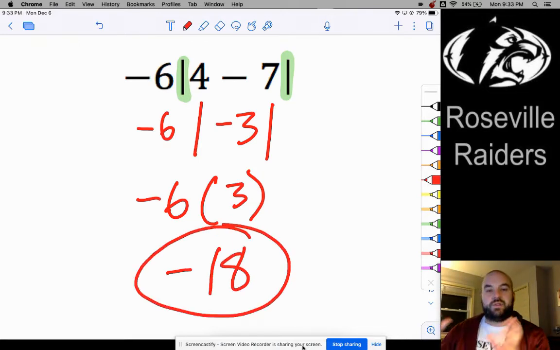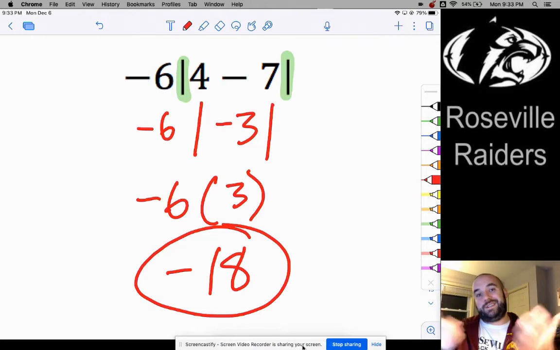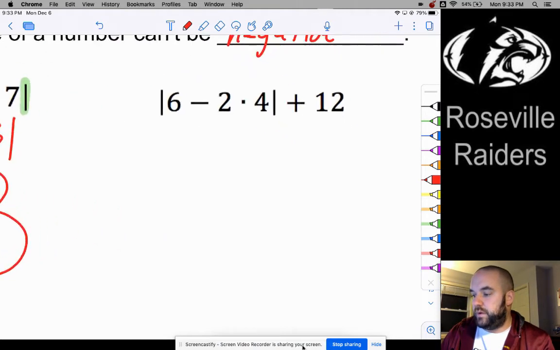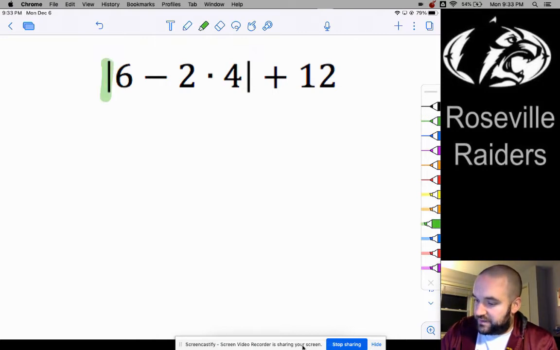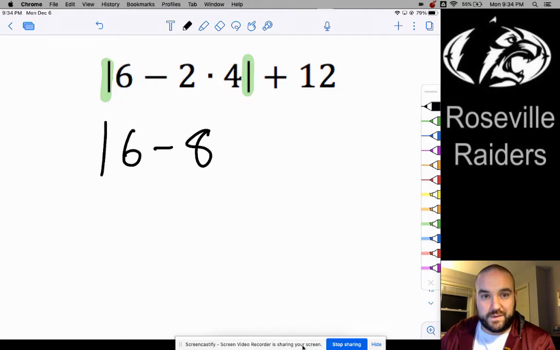Okay, so we are simplifying the expression that's inside the absolute value, and then once we get it down to a single number, we're going to take the absolute value of that number. So if we look over here, inside the absolute value is not just a single operation, but two operations. It's 6 minus 2 times 4. That is still going to follow the order of operations, so I'm going to multiply first. So 6 minus 8, because 2 times 4 is 8.